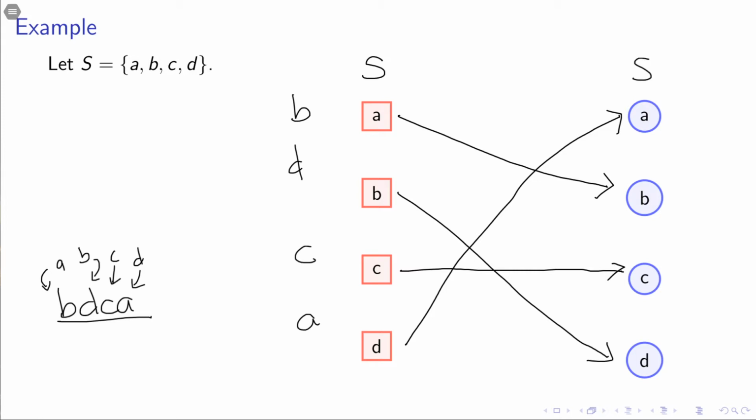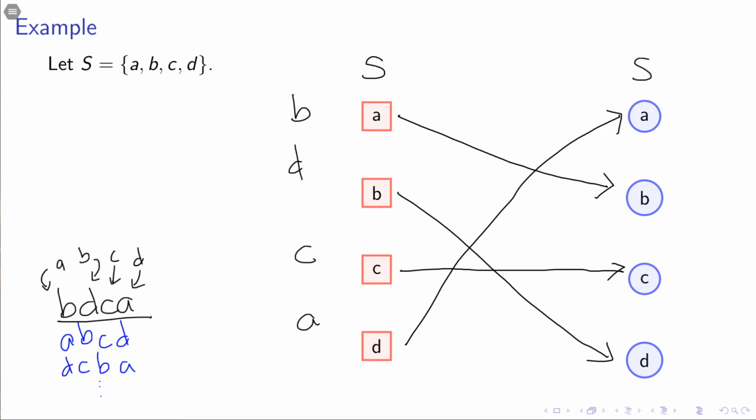Right, so there are other permutations as well on the same set, right? A, B, C, D is also a permutation. It's the bijection that maps each element in the domain to the same element. D, C, B, A is another example, and there are many others.